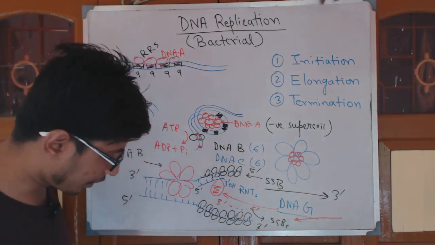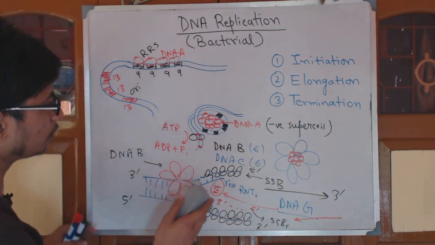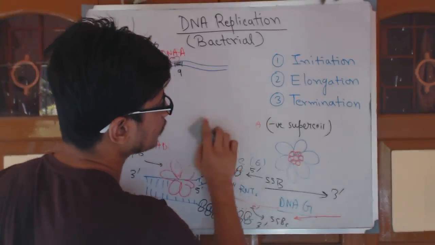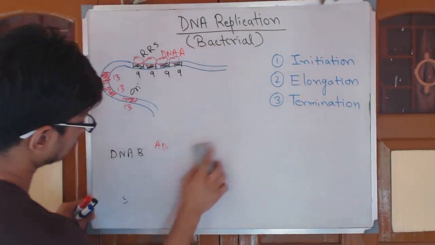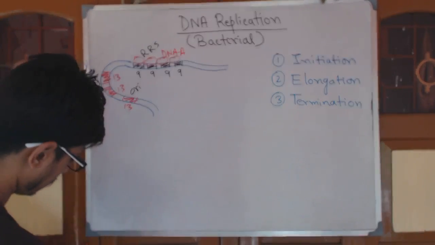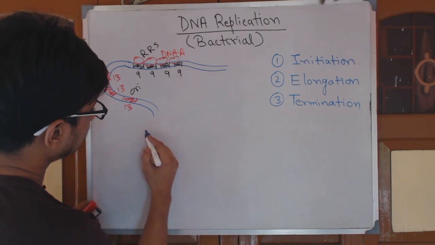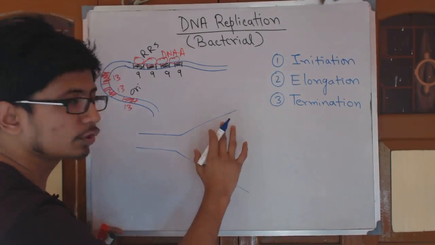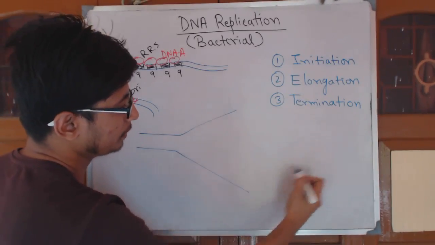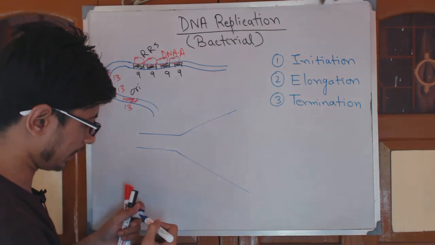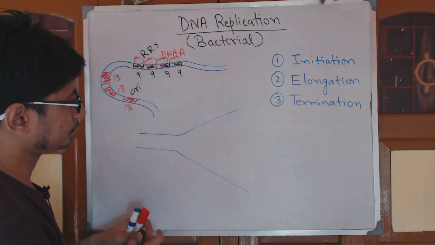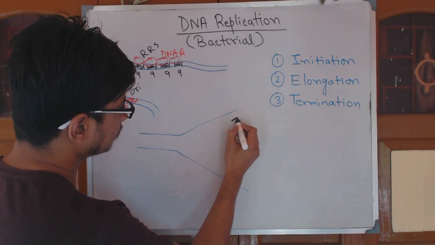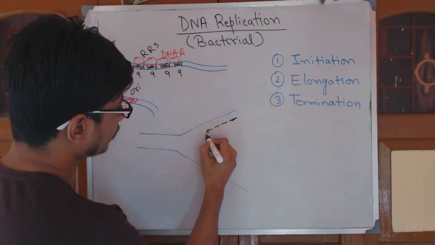Now, let me draw a fresh model of this whole drawing to help you understand how this process works. So we have the DNA and a replication fork. We are not drawing the other part, because the bubble means there will be another fork at this side. Now let's say here we have the primase enzyme attaching some nucleotide sequences.